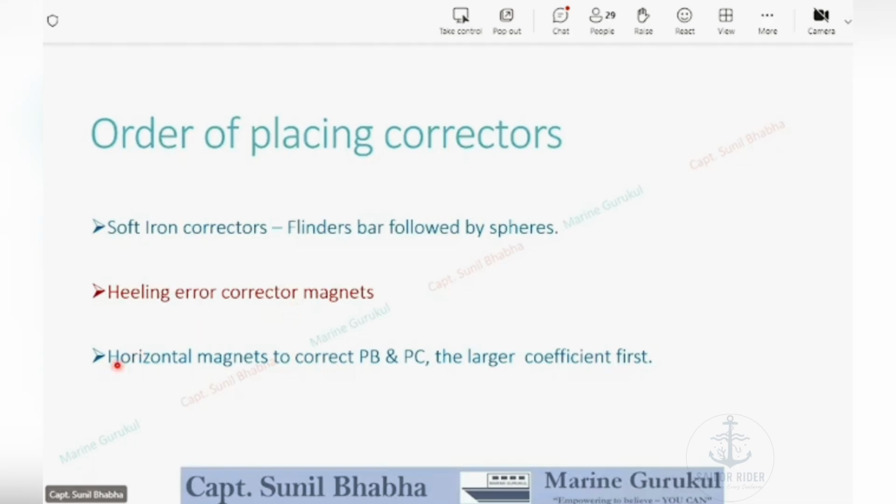After the heeling error correction, the next correction which we do is placing the horizontal magnets to correct permanent B and permanent C. The larger coefficient out of the two, that is between permanent B and permanent C, is corrected first and the weaker coefficient corrected later. This is the sequence we follow for correction.